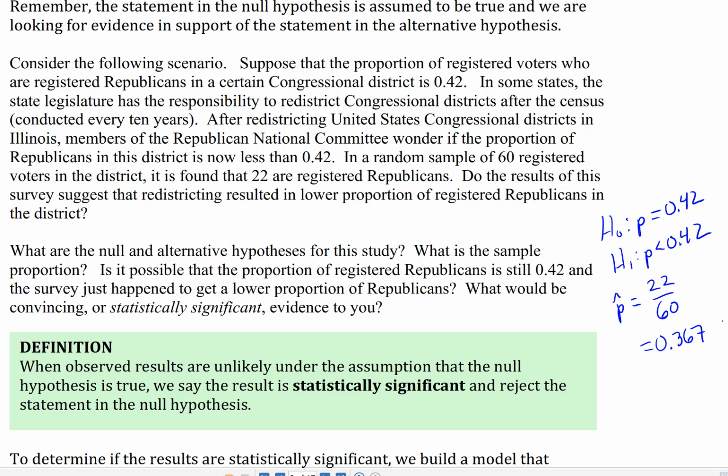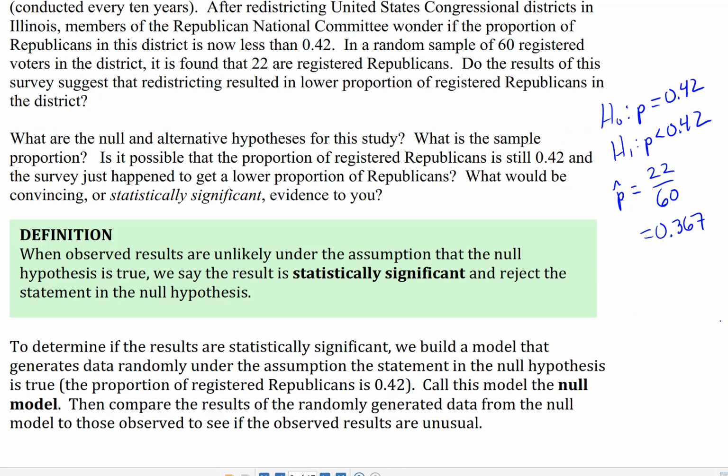And so the question that we have to ask at this point is, how do we figure out whether we have statistically significant results? We're actually going to go about this a number of ways, in fact 2 ways. One is more traditional, where we actually use a model, and the other is using something called simulation. When we use the method of simulation, we're going to basically build something called the null model.